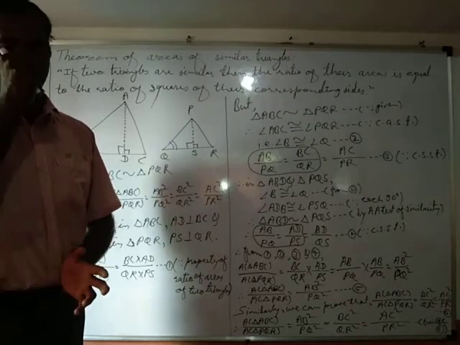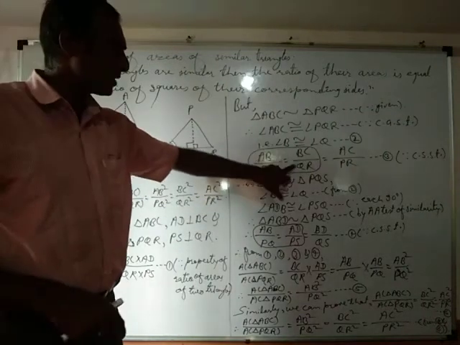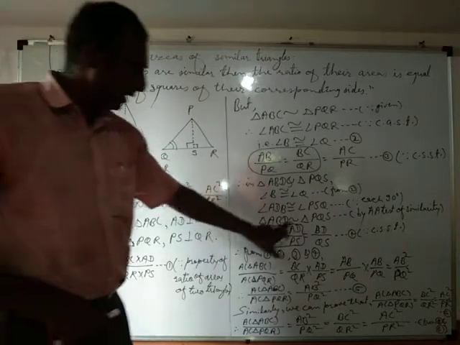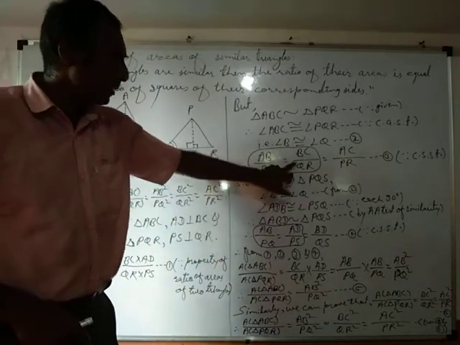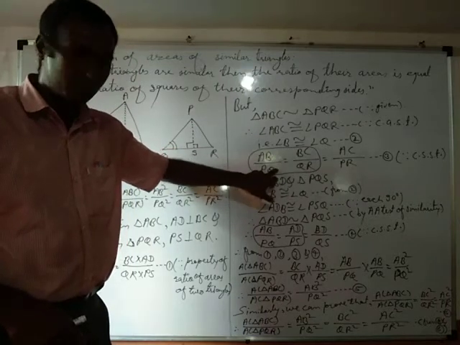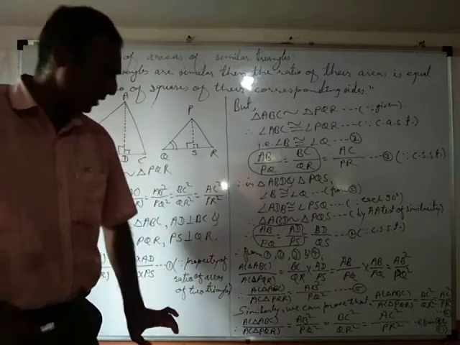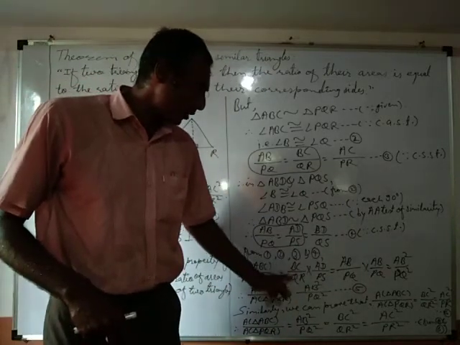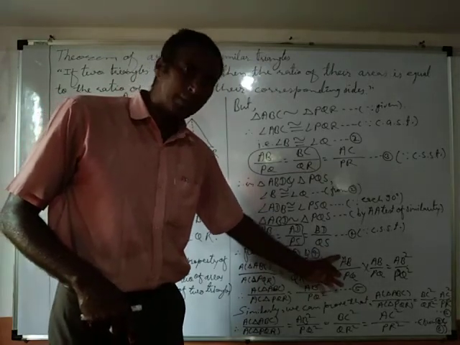Okay, we may verify. How we can verify? Here, we replace BC upon QR by AB upon PQ. Similarly, AD upon PS by AB upon PQ. Now BC upon QR equals AB upon PQ, and AB upon PQ equals AD upon PS.